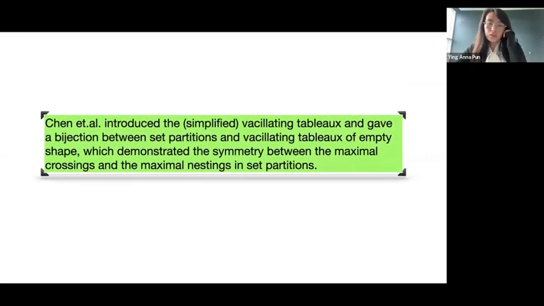Later on, a group of people introduced something called a simplified Vacillating Tableau and gave a bijection between set partitions and Vacillating Tableaux of empty shape, which demonstrates the symmetry between the maximal crossing and maximal nesting in set partitions. So the catch here is that this object has really rich representation theory and algebra behind it, and also a lot of set partition combinatorics that you can play with.